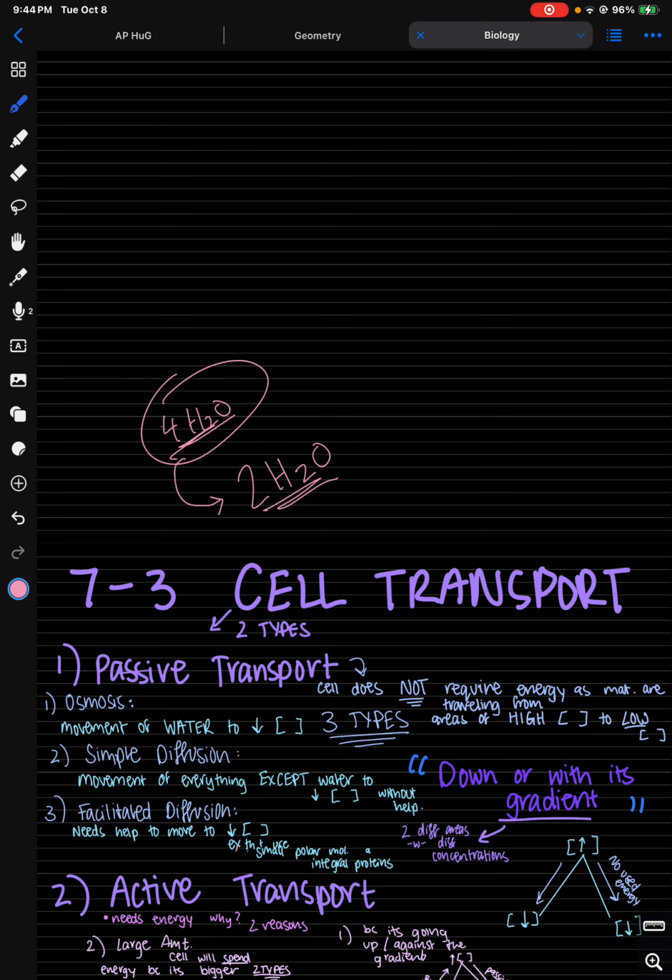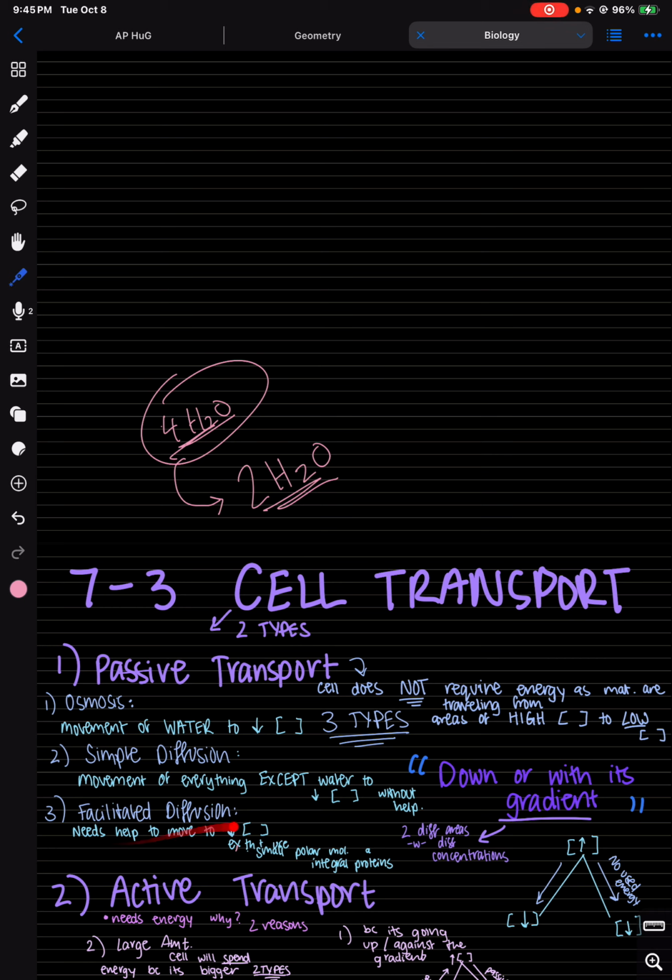And sometimes osmosis can be facilitated diffusion, which is another type of passive transport. Facilitated diffusion is where it needs help in order to move from areas of high to low. For example, if you watch my lecture notes on the phospholipid bilayer, I told you that small polar molecules go through integral proteins; they need facilitation, they need that help.